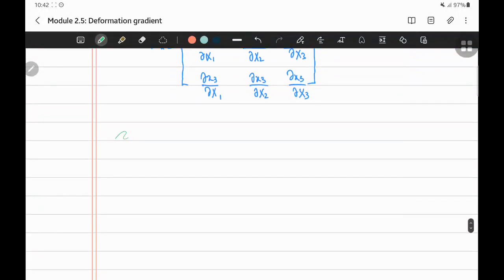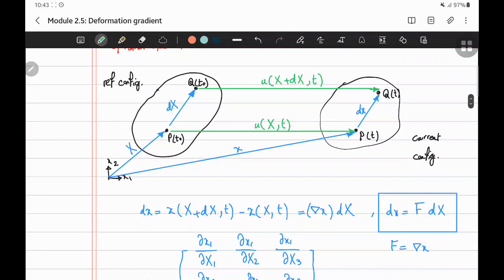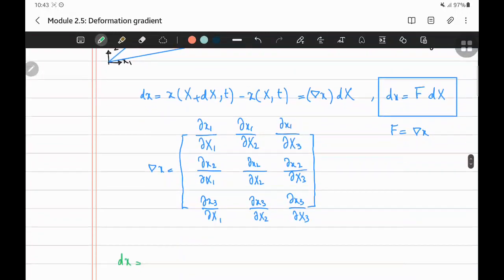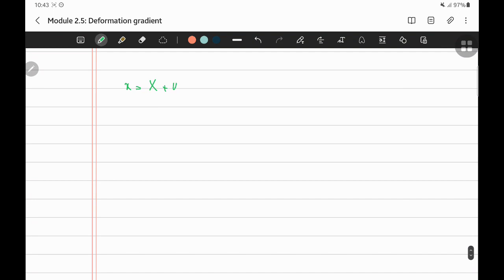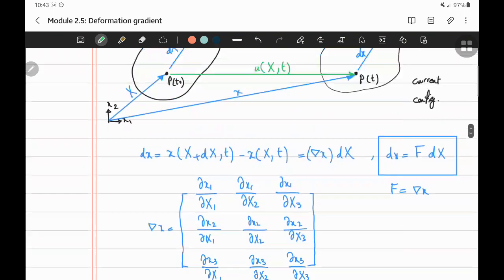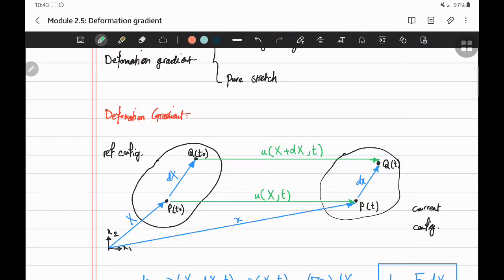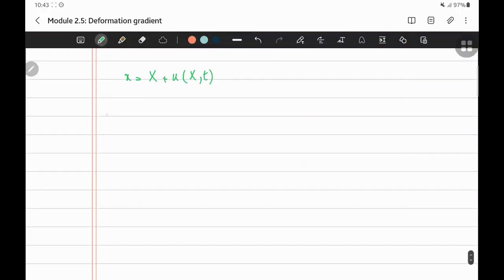If you recall, x is equal to X plus u(X, t), and x plus dx was X plus dX plus u(X plus dX, t).